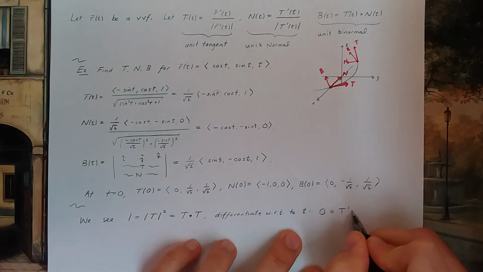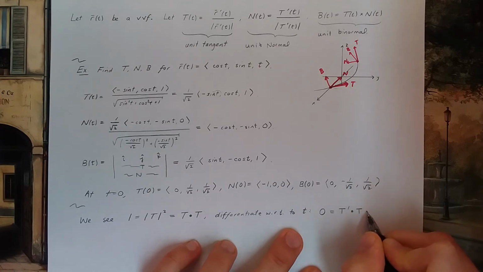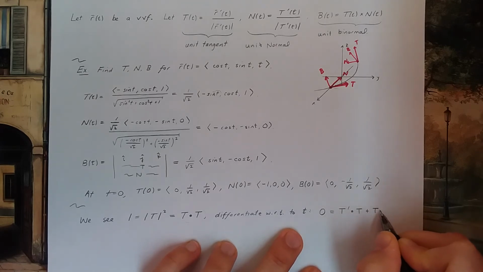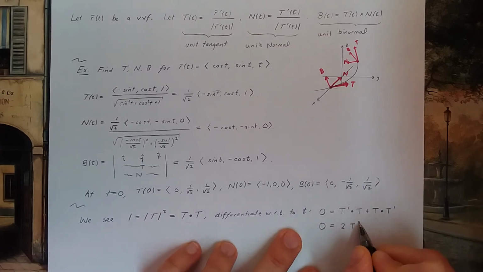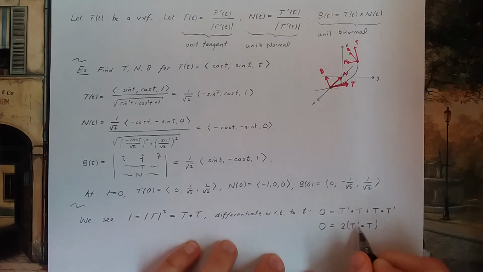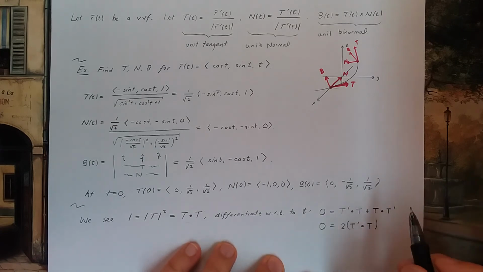So the derivative of t dotted with t is t prime dotted with t plus t dotted with t prime. So that says 0 is equal to 2 t prime dot t. In other words, the dot product of t prime with t has to be 0.